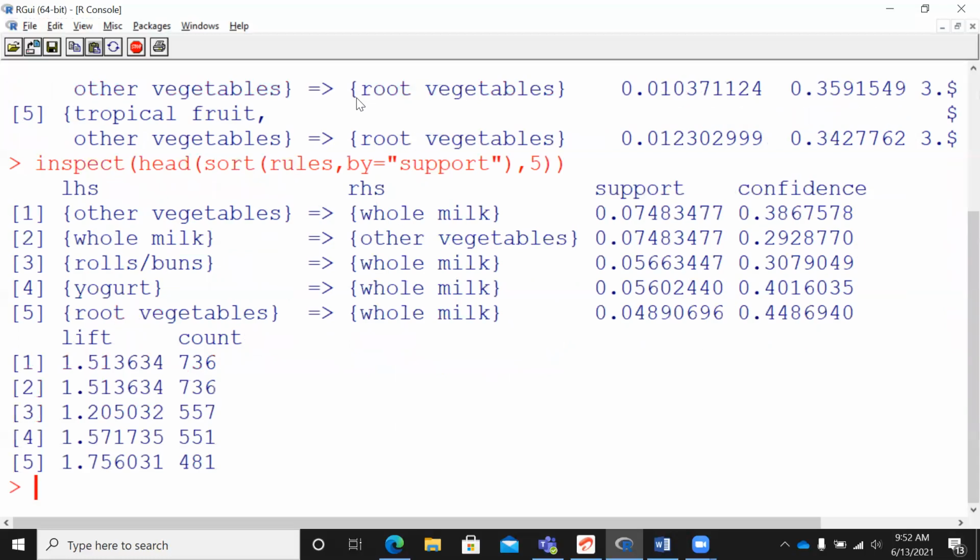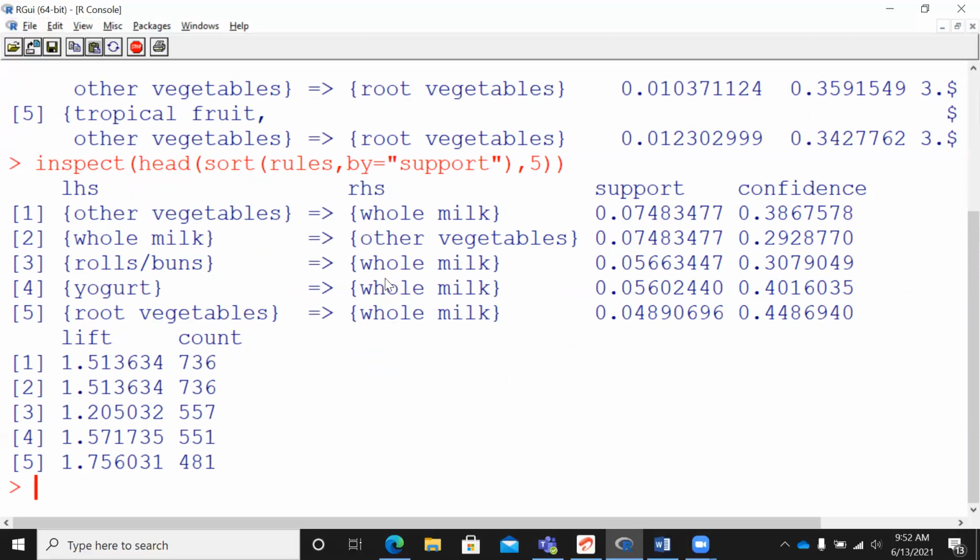You can see here, it is sorting by support, right? And all the high support values come right at the top. What does this indicate? People who buy other vegetables can be expected to buy whole milk. People who buy rolls or buns, yogurt, root vegetables, that also leads to whole milk.